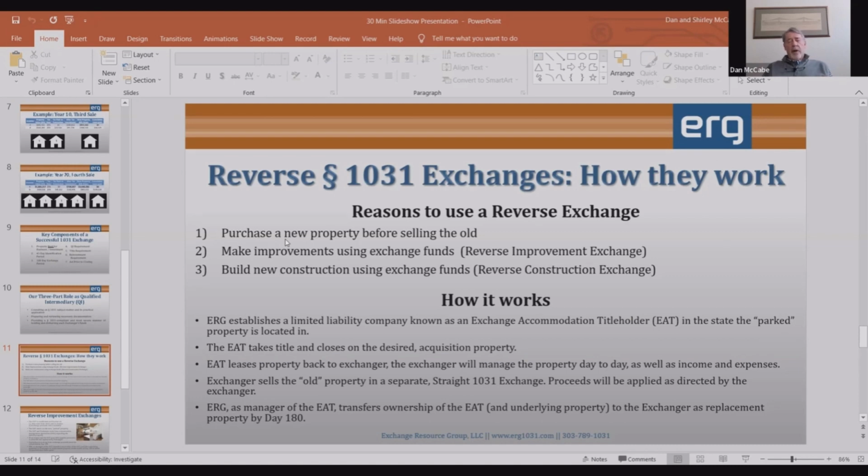We don't deed the property to you because if we do that, that triggers another real estate closing. And in some states, i.e. Florida, it triggers significant taxes and fees. And in addition to that, that would be a sale, so it may trigger the due on sale clause of the mortgage, right?